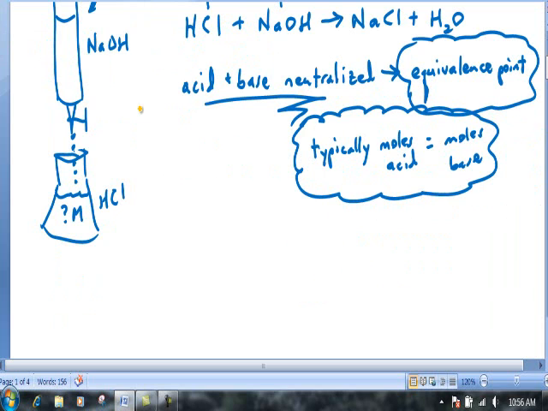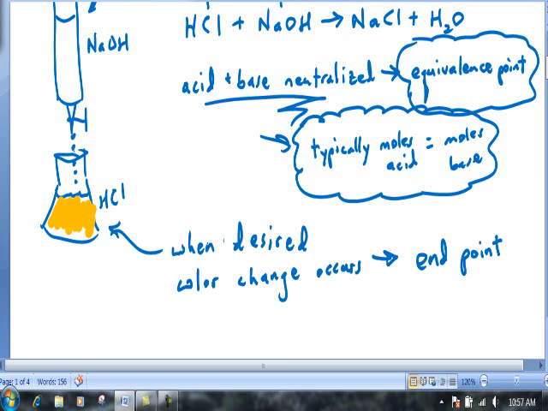In addition to the equivalence point, we need some visual clue to tell us when the moles of acid and base are equal, or when the acid and base have been neutralized. An indicator is oftentimes placed in the solution which experiences some sort of color change. The color change occurs somewhere in the pH vicinity of when the acid and base have been completely neutralized.